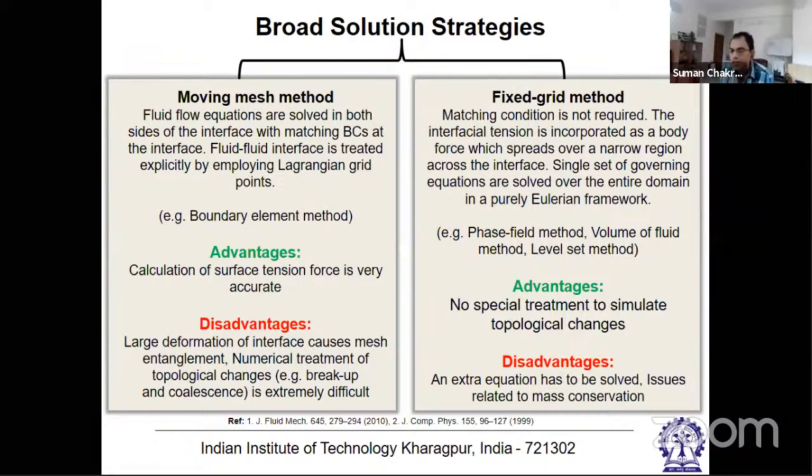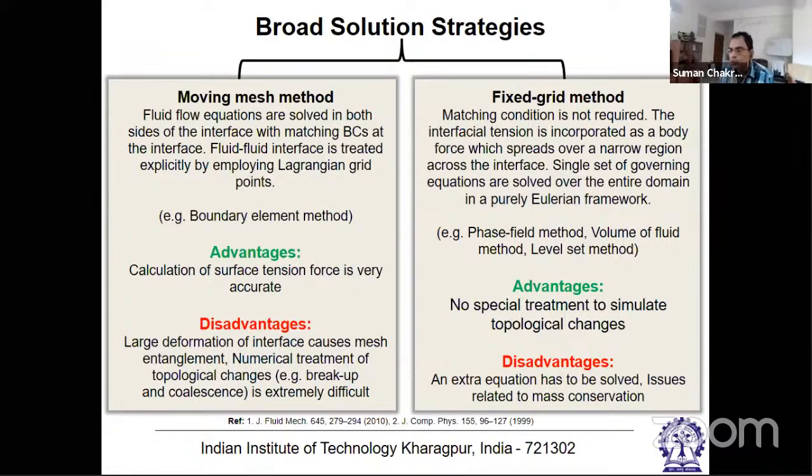The greater challenge is that the interface itself may not be stable and it may break up, coalesce, etc., so that these grid points or mesh points which we were tracking get completely lost because of mesh entanglement. And then this approach of tracking the interface fails.